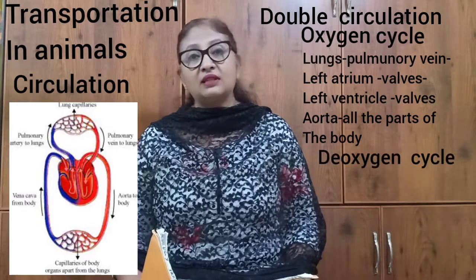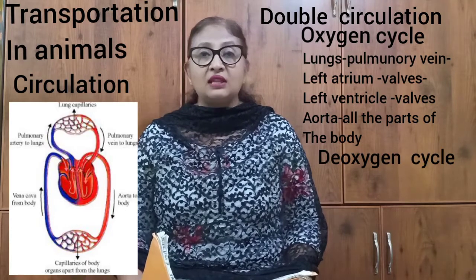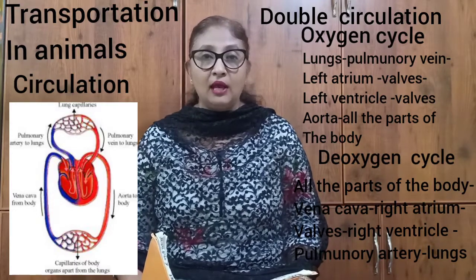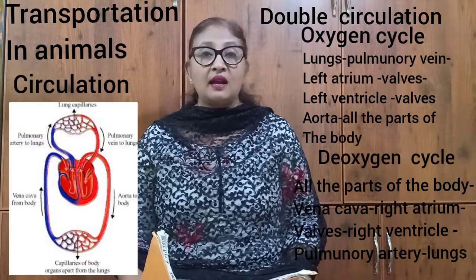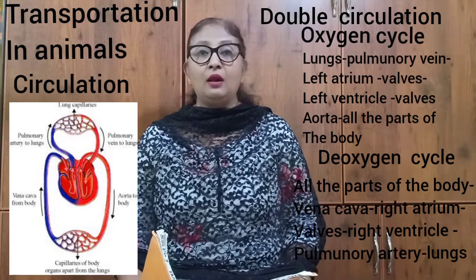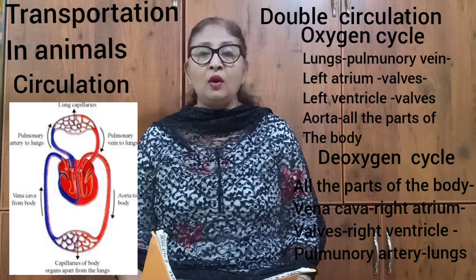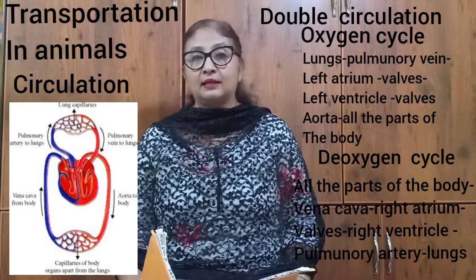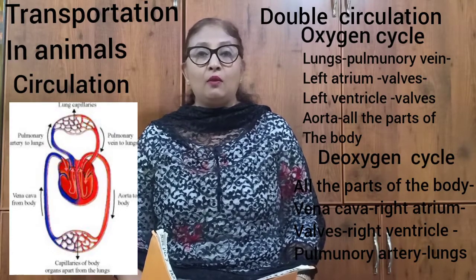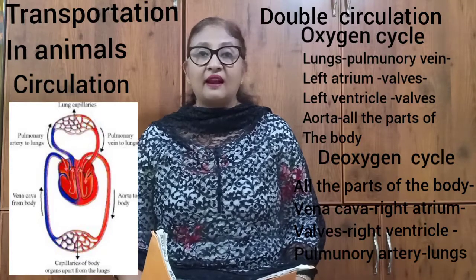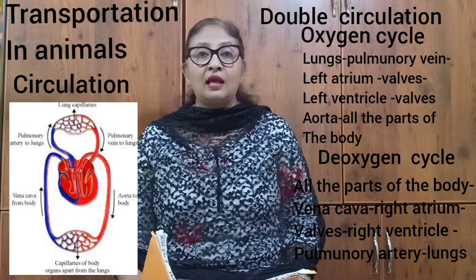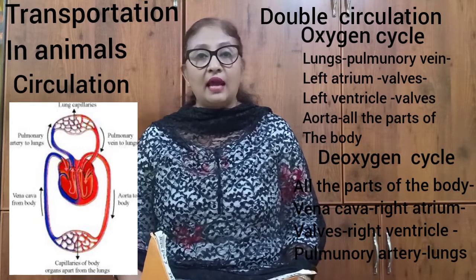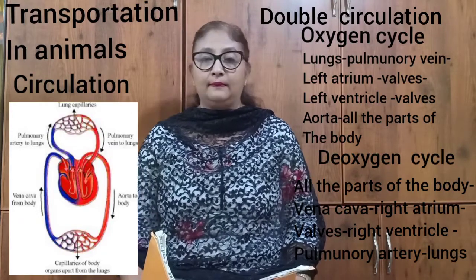Now let us see the deoxygen cycle. The deoxygenated blood from the upper part of the body and the lower part of the body is brought into the right atrium by the blood vessel known as vena cava. When the right atrium collects blood, it relaxes. Now the ventricle, when it expands, the right atrium contracts, the valves open and blood flows from the right atrium to the right ventricle.